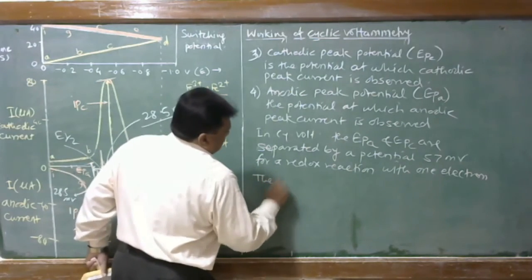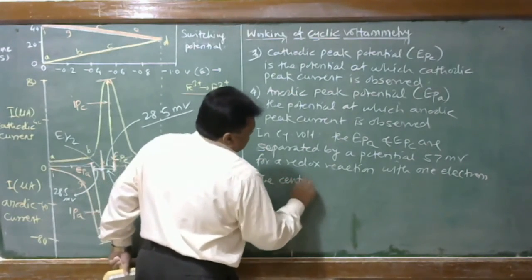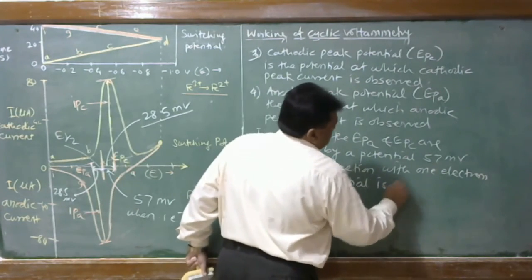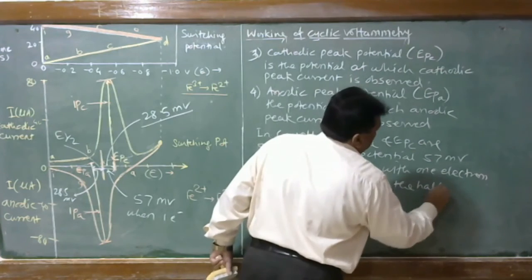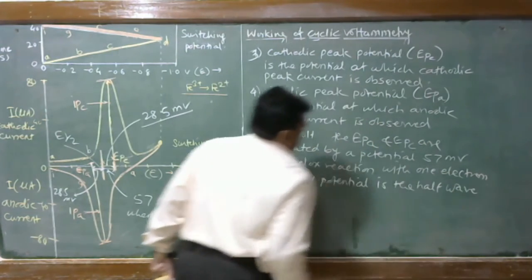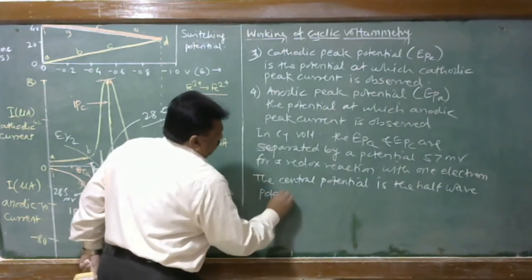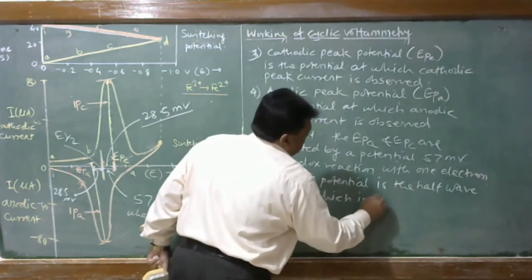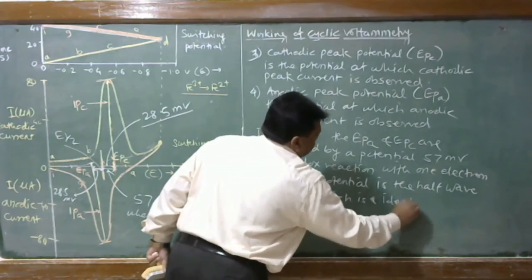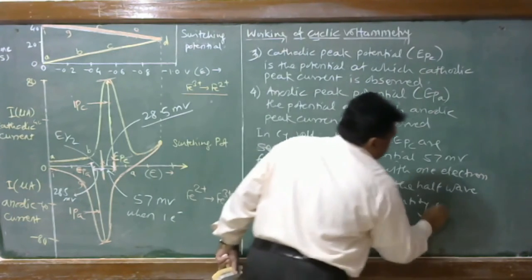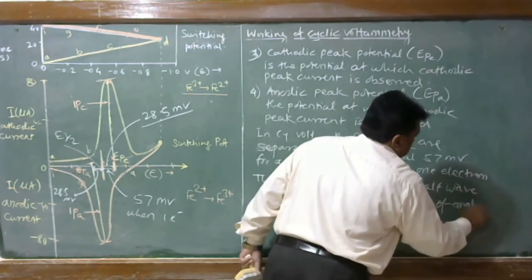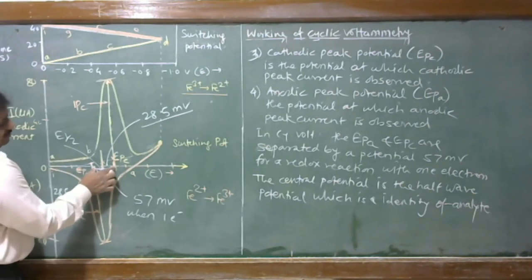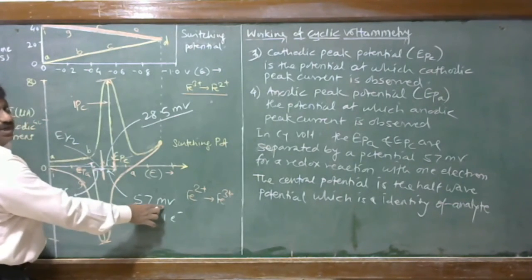Therefore, the central potential is the half wave potential, which is the identity of the analyzed species. That means here these two peaks are separated by 57 millivolt.